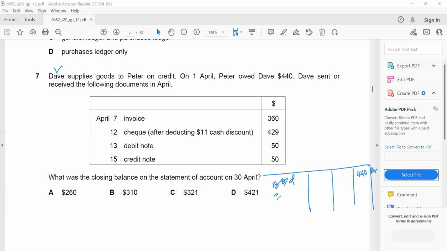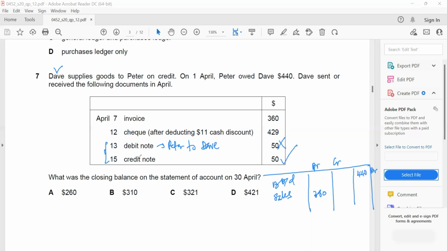Invoice, that means sales. Okay. This is a debit, this is a credit. So here, sales will appear in here. So add into here. And then these two, debit note and credit note. A debit note is issued by Peter to Dave to request the deduction on the goods returned. But accounting-wise, this one is not taken in.